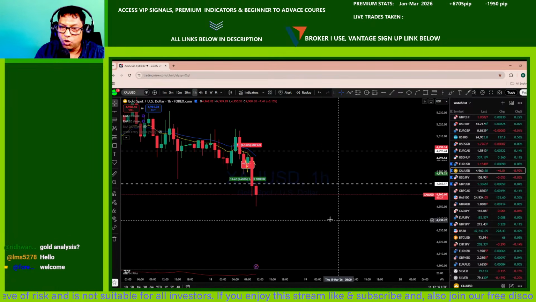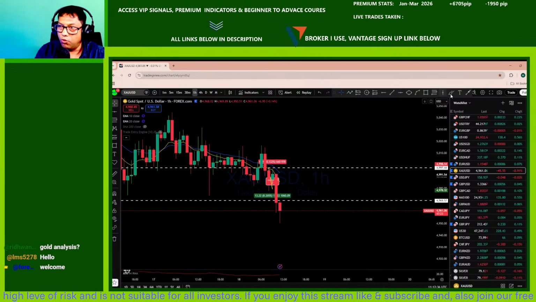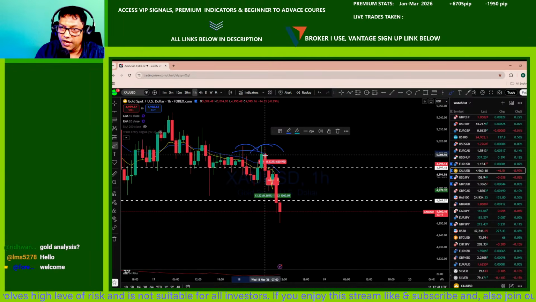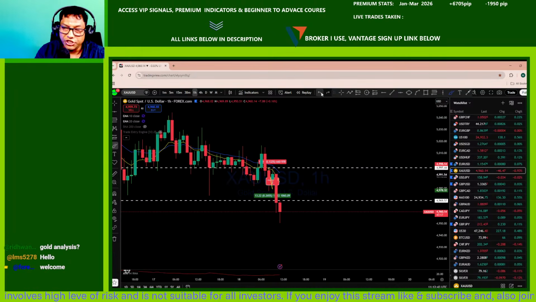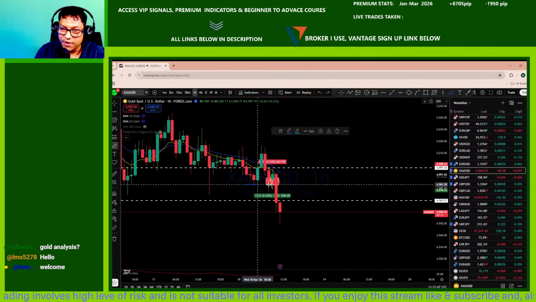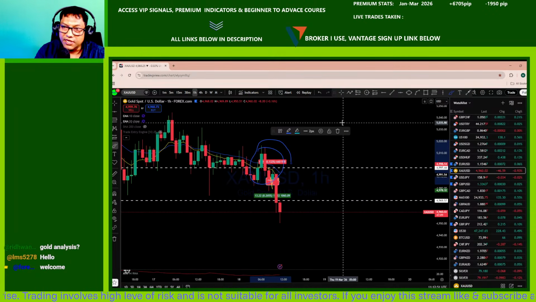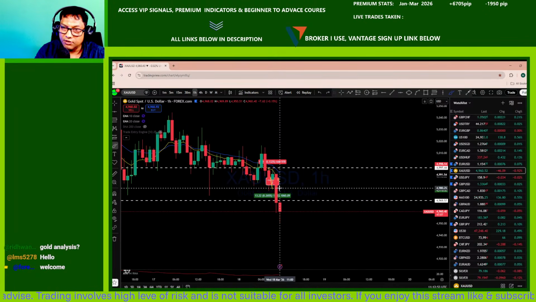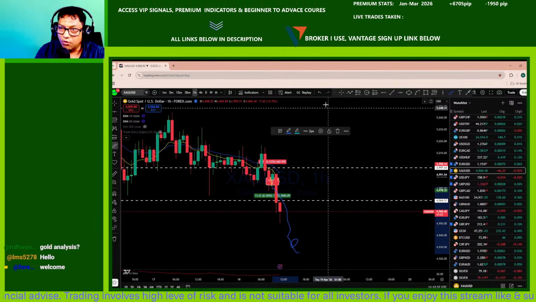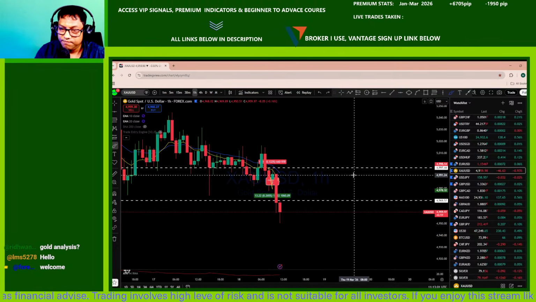If you look at this 1 hour chart, there was a double top, and after this double top formation, the market broke back below this key support level, and we have seen a complete rejection back below here.